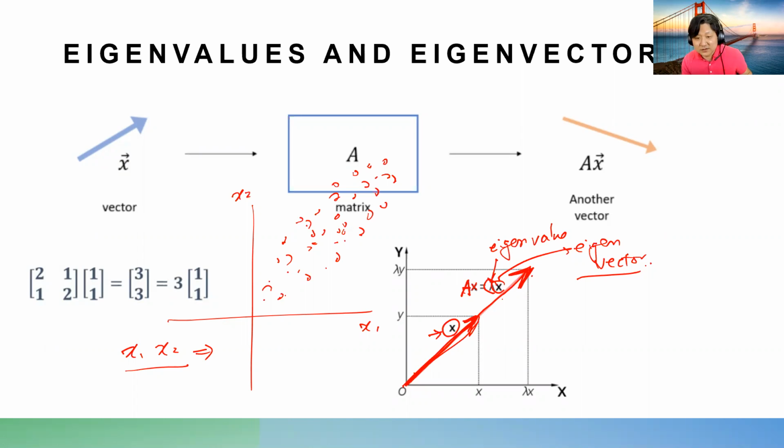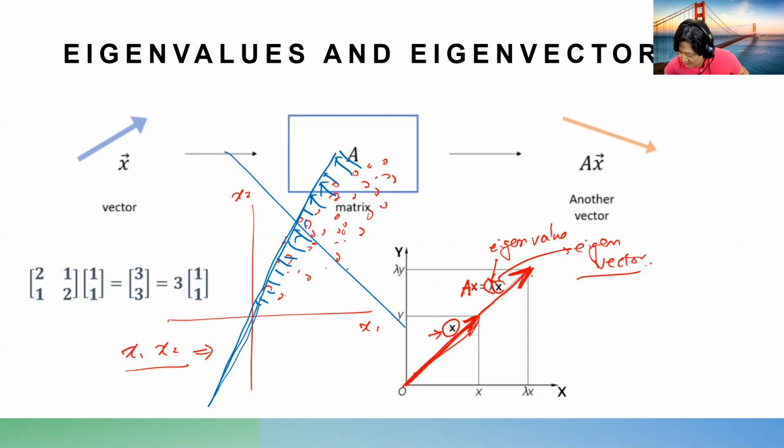We need to find some axis. You can draw any line like this and project all the values onto it, or you can project like this.